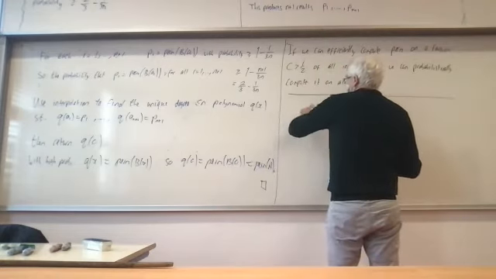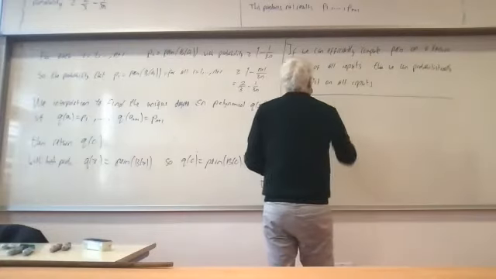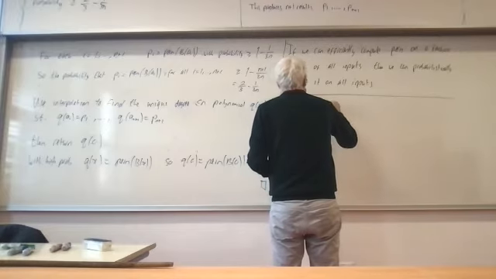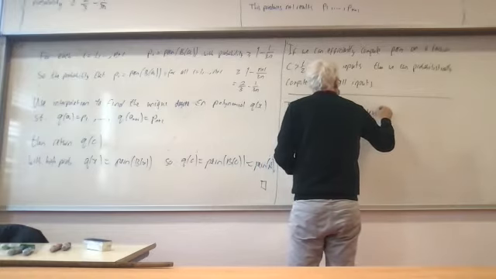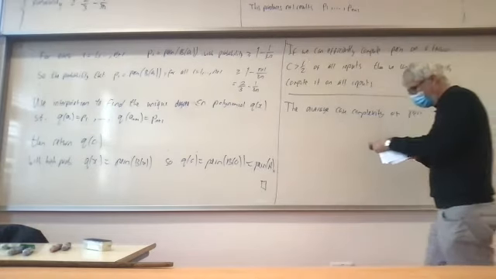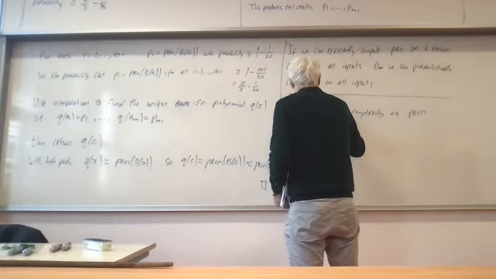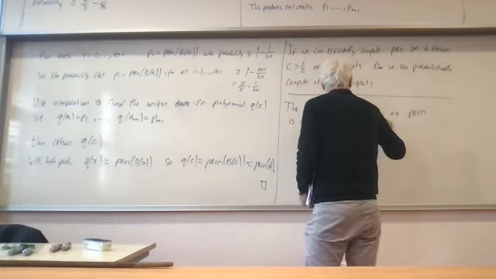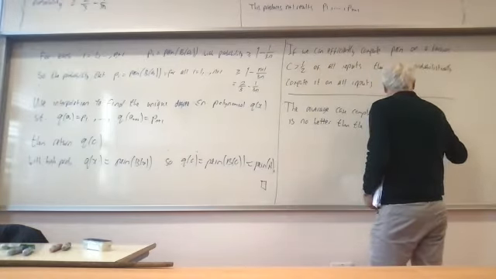And then we're looking at what's called average case complexity. So what we get from this is that the average case complexity of the permanent is no better than the worst case complexity.